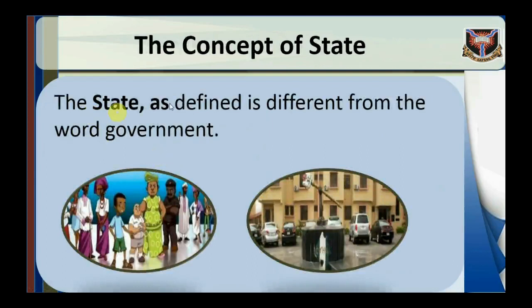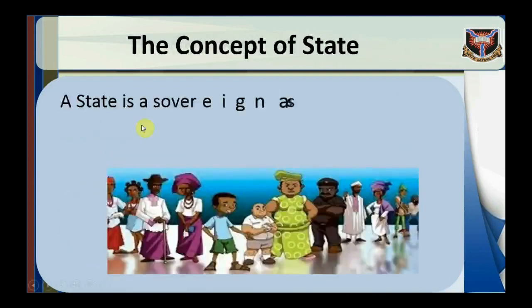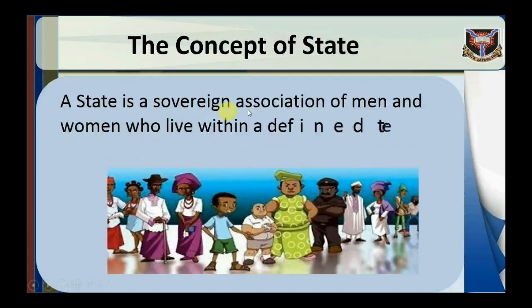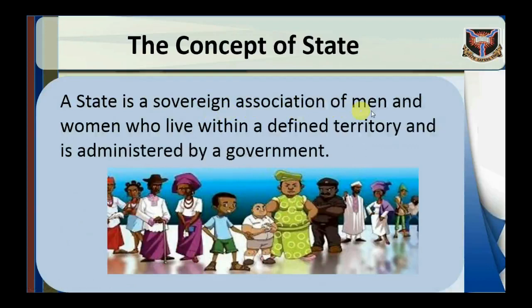The concept of state. The state, in this definition, is different from the word government. A state is a sovereign association of men and women who live within a defined territory and are administered by a government.